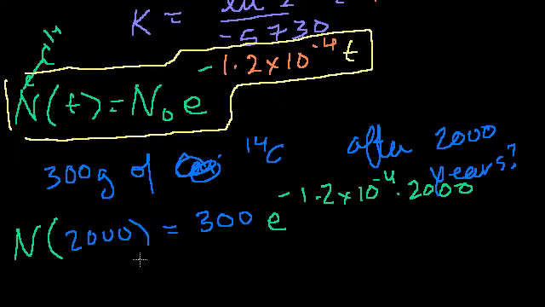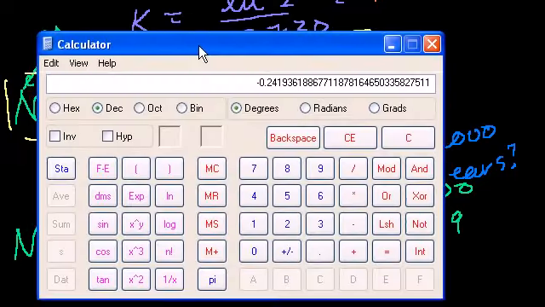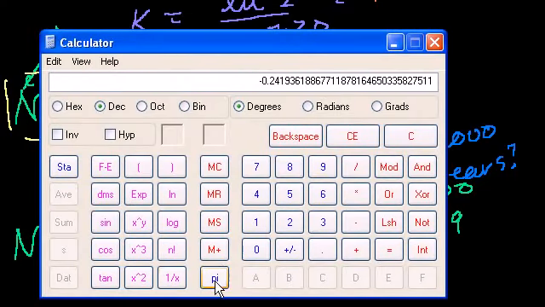And I have to raise e to this power, so it's 0.241. So N of 2,000, the amount of the substance I can expect after 2,000 years, is equal to 300 times e to the minus 0.2419. My calculator doesn't have an e to the power, so let me just take e as 2.71.